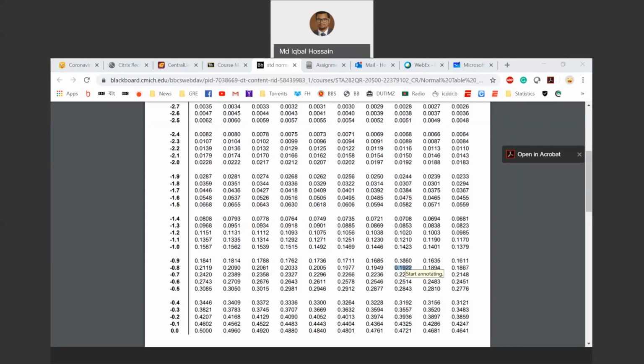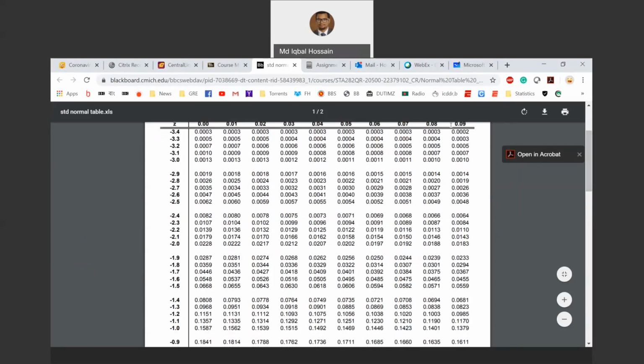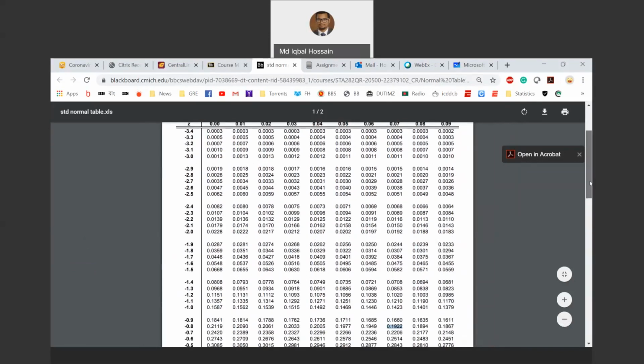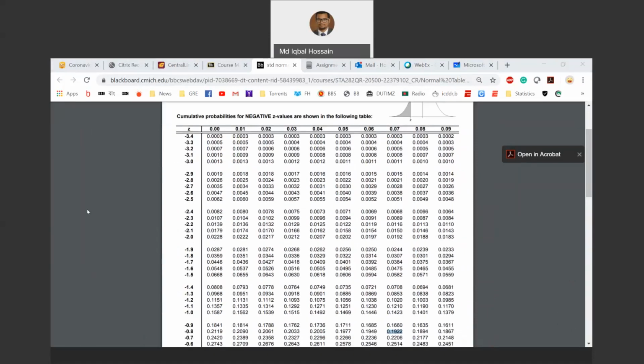Now from that point, as this is our selected point, let's go up a little bit so that we can see the value. I need to see the whole graph. Here, we are trying to find how we get the value from the normal graph, right?